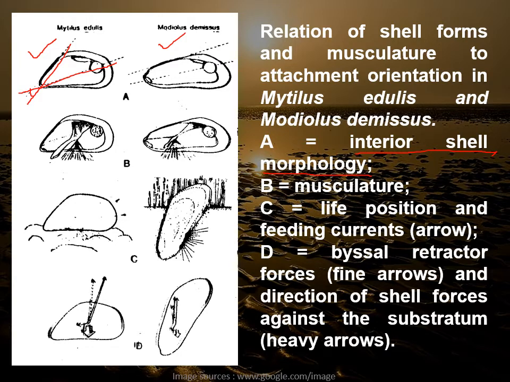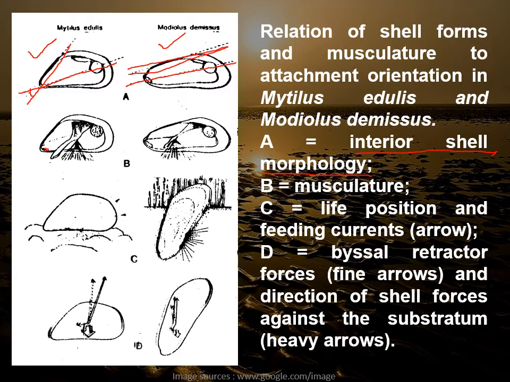But whenever it is infaunal, going inside the sediment, you can see that the hinge line and muscle line are almost parallel. Second, the musculature also changed. Here the anterior one is much smaller, almost absent to negligible in size, but here the anterior muscle scar is of sufficient size.